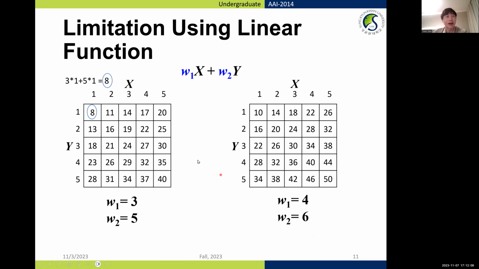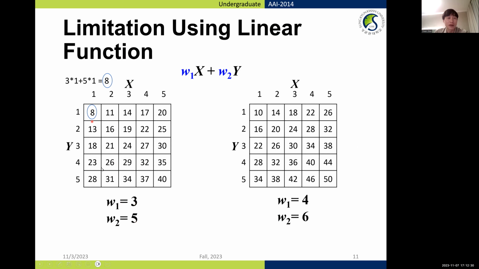As another example, we are using this linear function, with W1 and W2 as the parameters, and X, Y as the features. We use this index or the coordinates to represent the state values. For example, W1 equals 3, W2 equals 5.